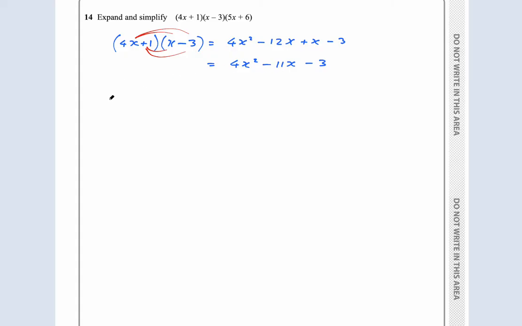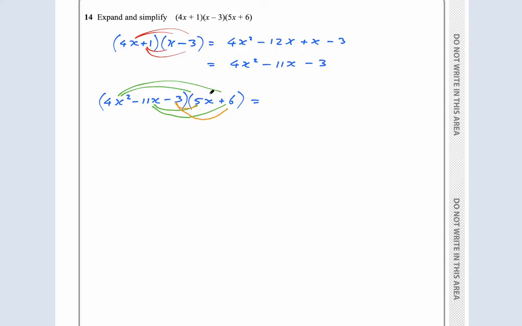Then I get this 4x squared minus 11x minus 3, and I multiply it by 5x plus 6. Now I have to do this times this, this times this, then also this times this, this times this, and finally this times this, and this times this.